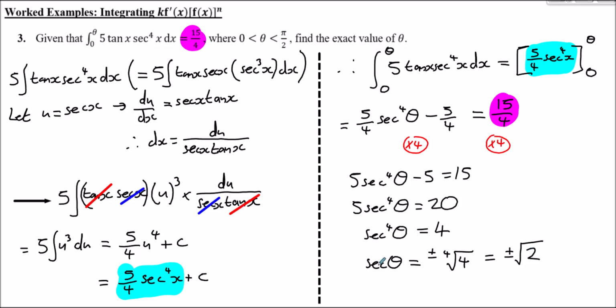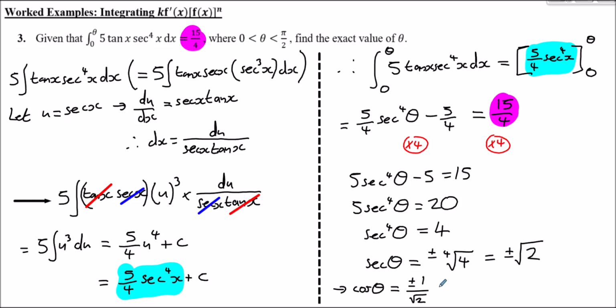So now that's sec theta. So I want cos theta really, because we're more familiar with cos. So cos theta is plus or minus 1 over root 2.